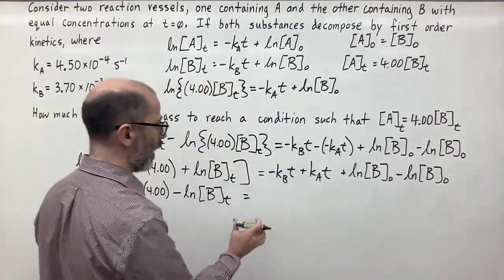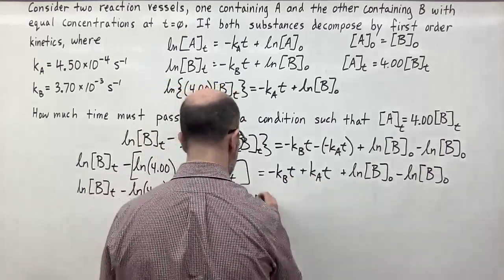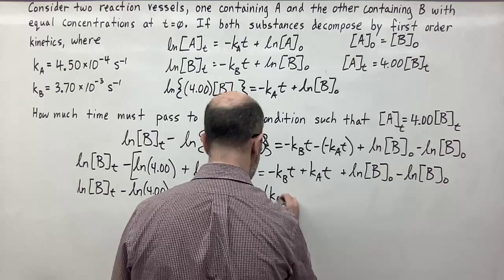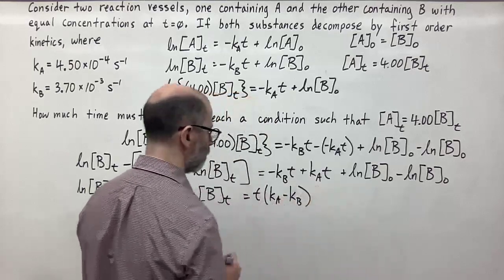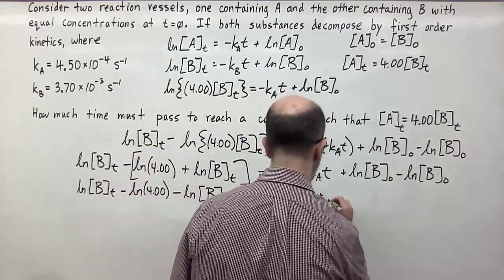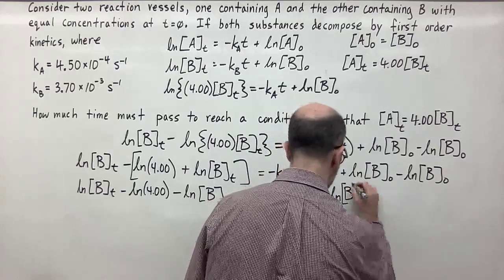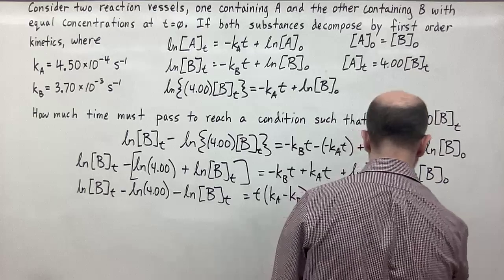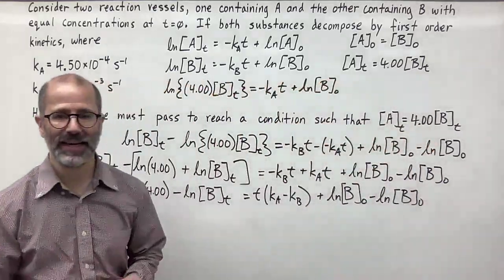equals, now I can take out the t here, so this is going to be t times Ka minus Kb plus the natural log of the initial concentration of B minus the natural log of the initial concentration of B. Now you're probably wondering, why haven't I canceled stuff out?